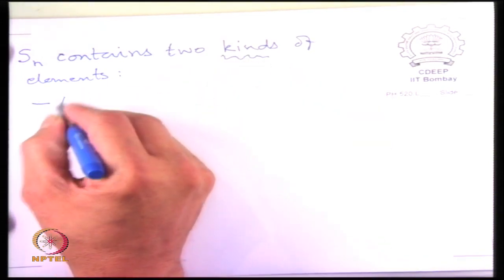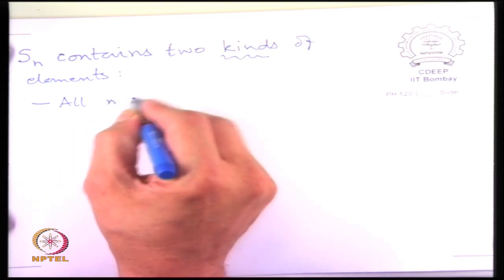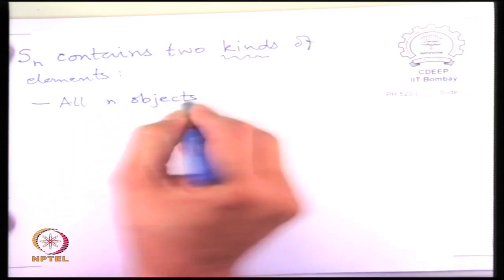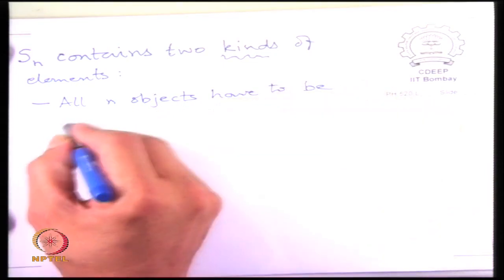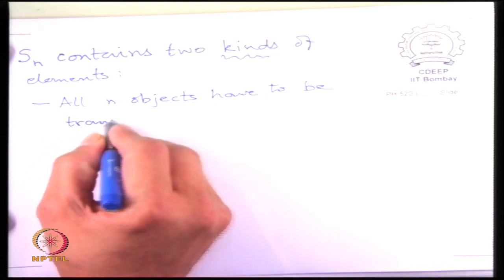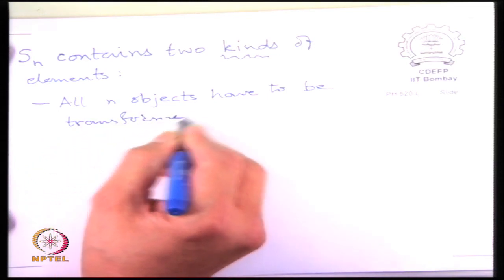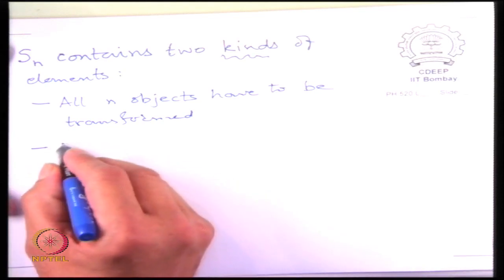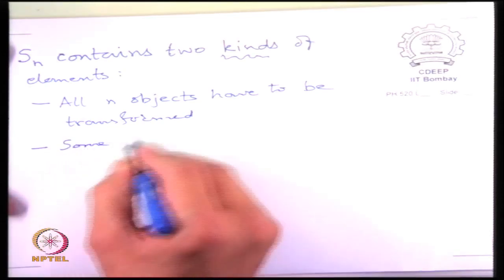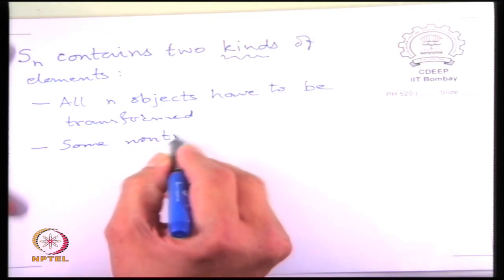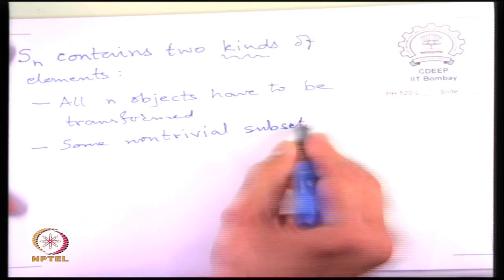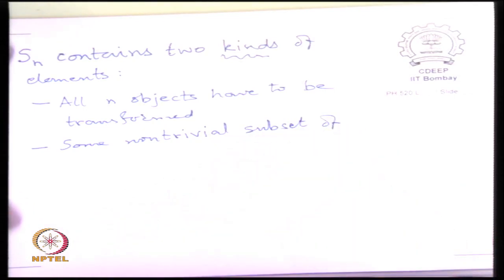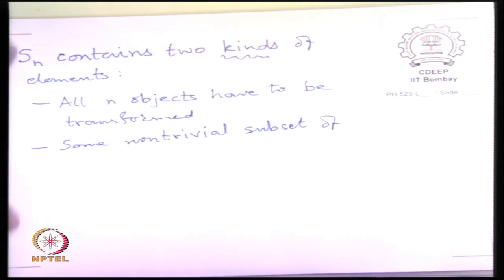One where all n objects have to be changed or transformed, and one where some subset of, this is the carrier space we are talking about, so some subset of the carrier space n remains unaffected.